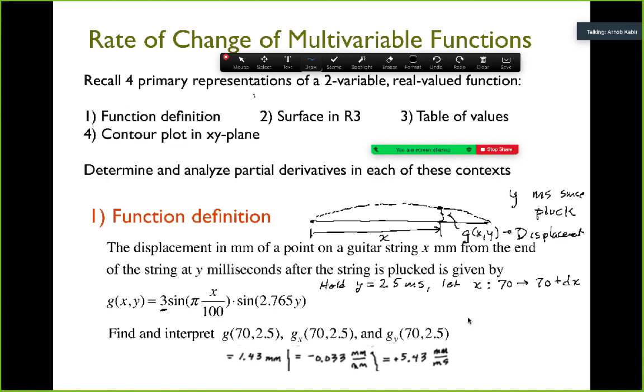As x increases, the distance between the string and the string's original position decreases by 0.033. Does it decrease that much? Does it decrease by that magnitude? You almost got it. It decreases by that, what? Times dx. Times dx, right? It's a proportionality constant.